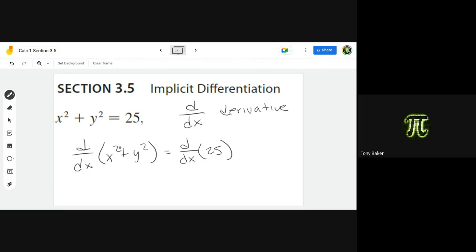If I have addition, can I split that up in terms of derivatives? Yes, I can do the derivative of each piece. So I have d dx of x squared plus d dx of y squared equals d dx of 25.